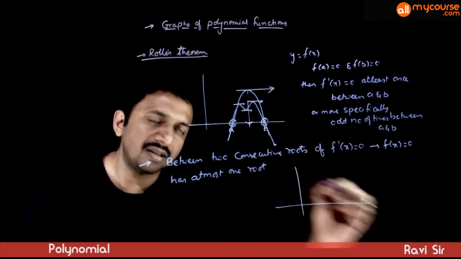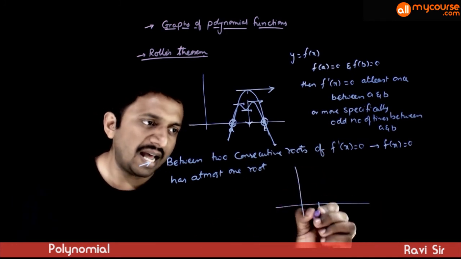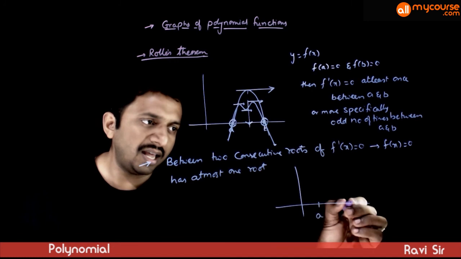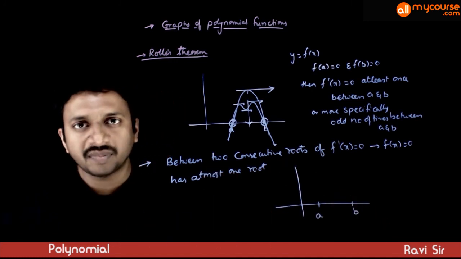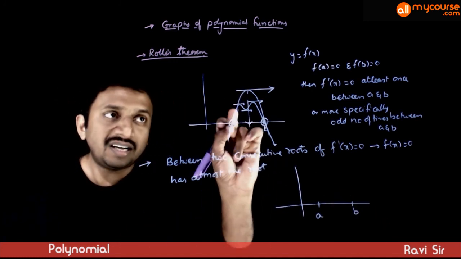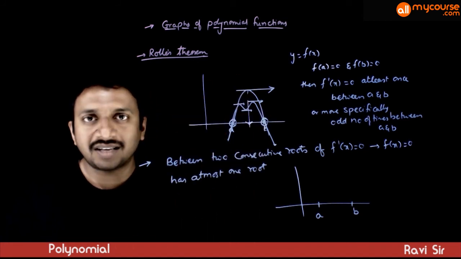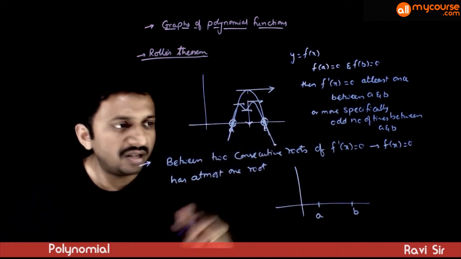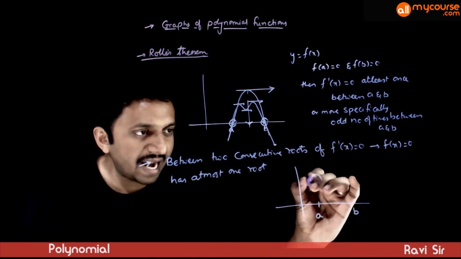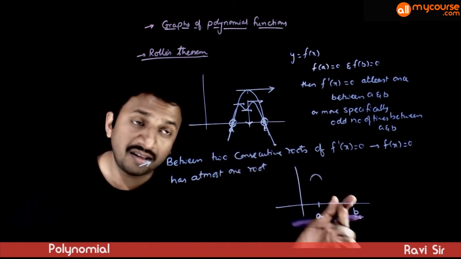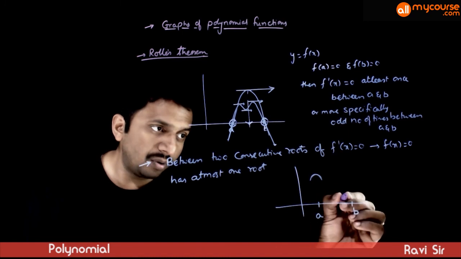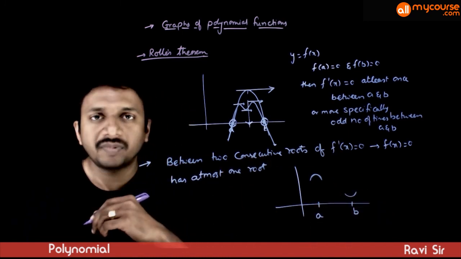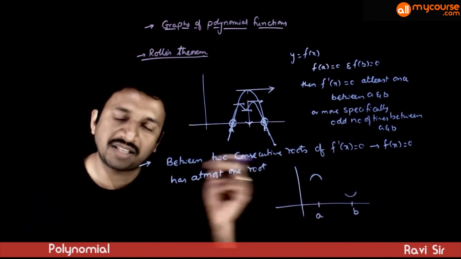That means, let us say that f dash is equal to 0 at a and b. That means the tangent is parallel to the x-axis, or the graph becomes flat at these 2 points. Assume that the graph becomes flat like this, and the next consecutive root is like this. So you cannot have two consecutive maximas.